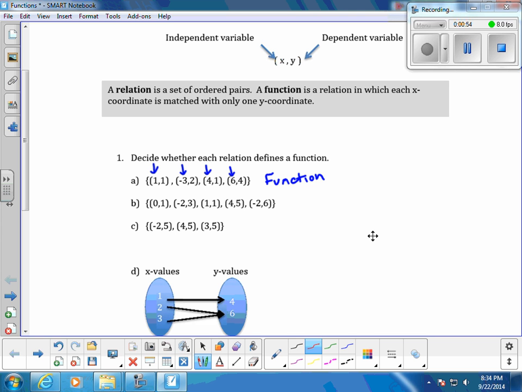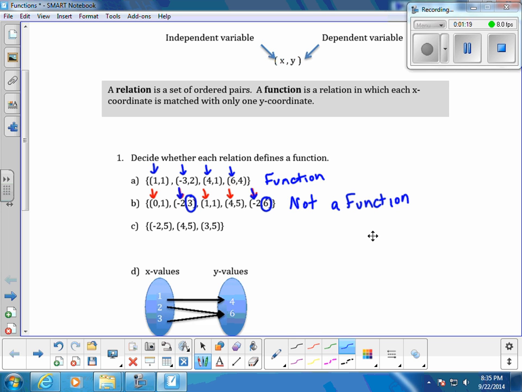Okay, let's look at number 2. So we have the x values 0, -2, 1, 4. Oh no, we have the x value -2 that is paired with different values of y, so this is not a function. Every x is not paired with exactly one value of y.